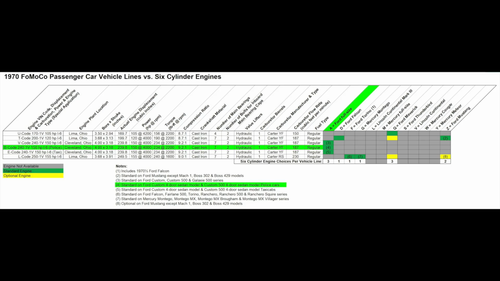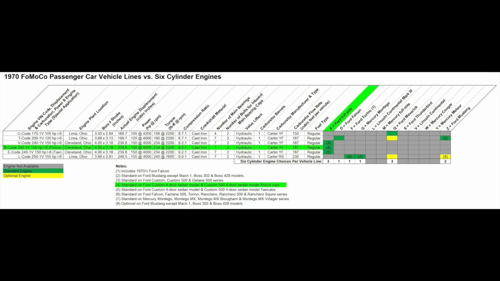Like the V-Code 241-barrel inline-six engine, the B-Code engine was produced at the FoMoCo engine plant in Brook Park near Cleveland, Ohio, and had a bore of 4.00 inches, or 101.6 millimeters, and a stroke of 3.18 inches, or 80.8 millimeters, an over-square design where the bore is larger than the stroke in a 1.26 to 1 ratio.